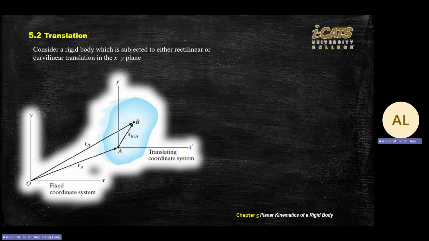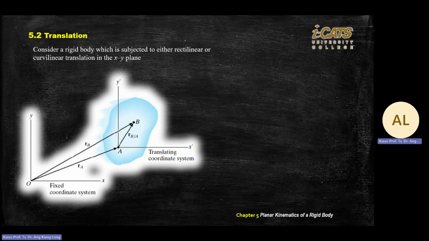If you read this vector, R B stroke A is the position of B relative to A, or from A. And when you write the vector equation I taught you before in chapter 1 or chapter 2, you can convert the stroke to a negative. You write R B stroke A equals R B minus R A.